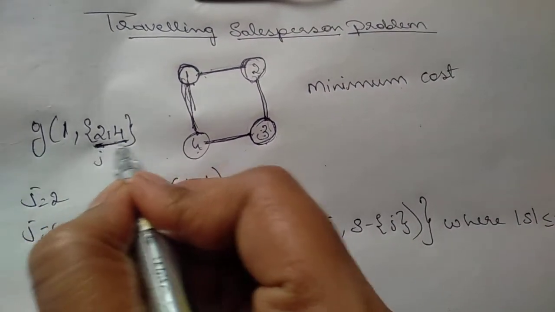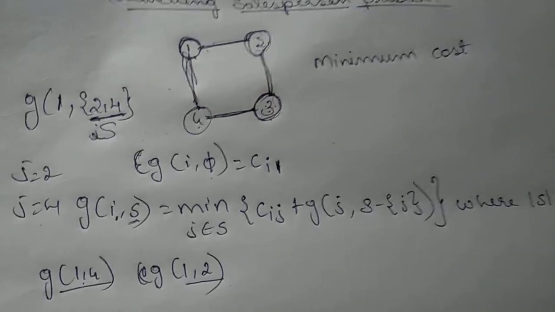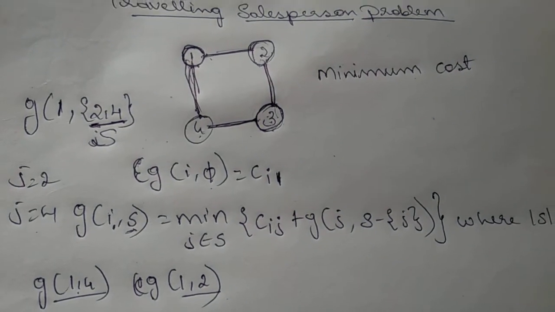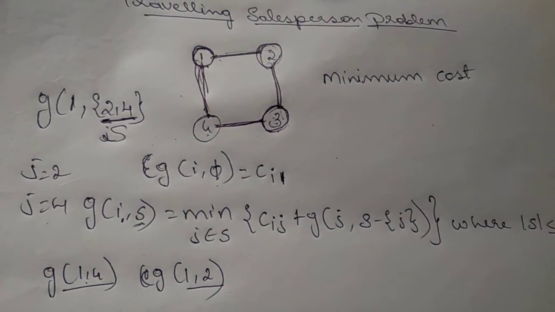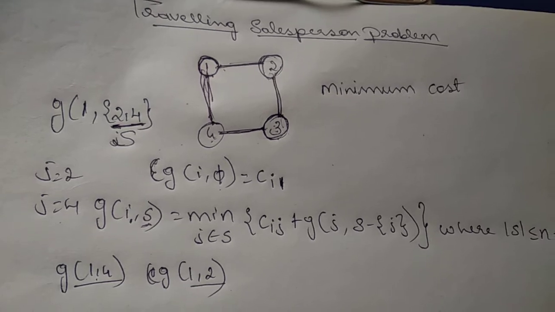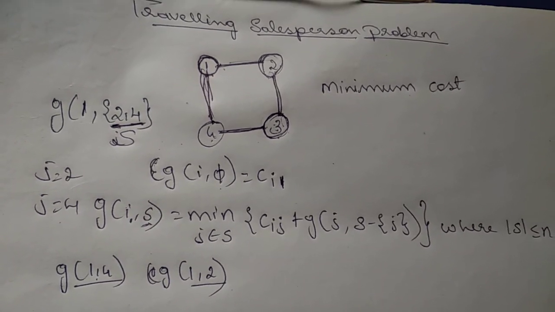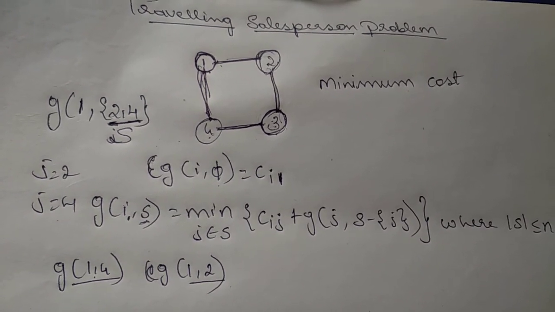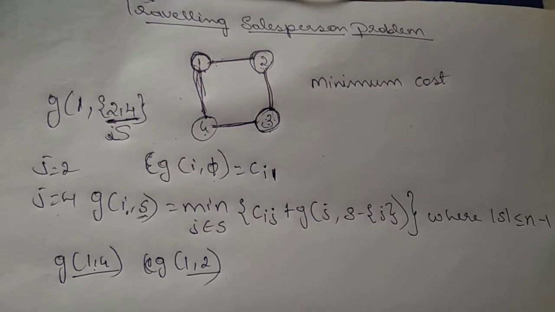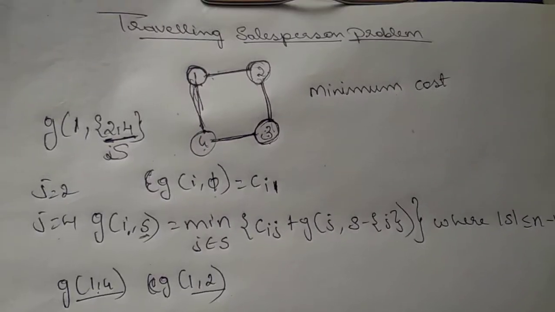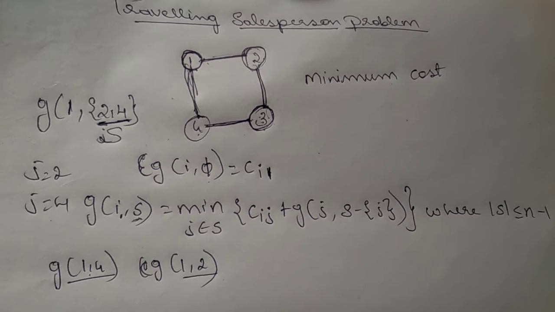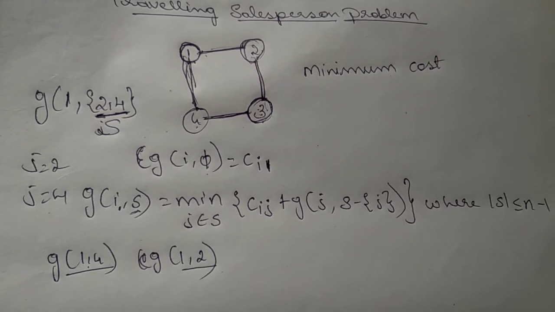Then this entire thing is called S. This is very important while solving the problem. And one more thing, here all the nodes should be connected and it should be cyclic. You can work it on both directed and undirected graphs, but all the vertices should be connected.